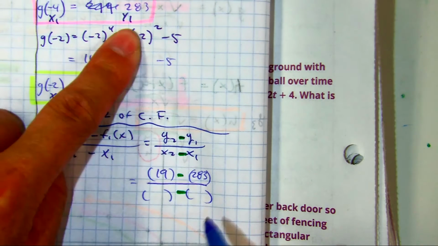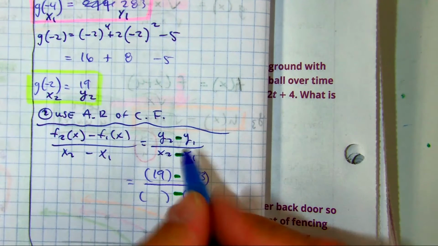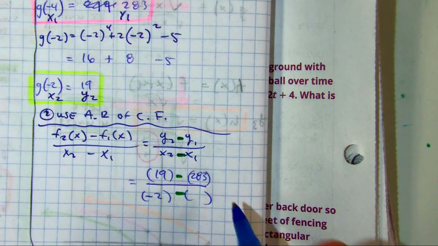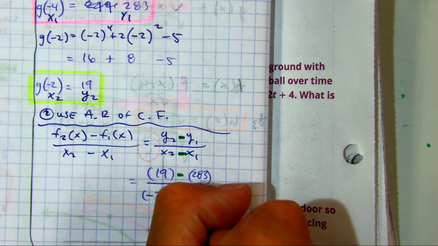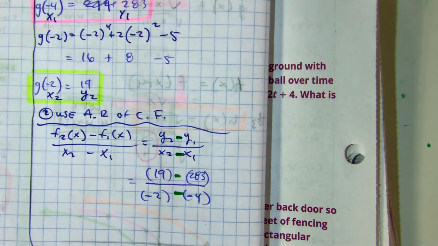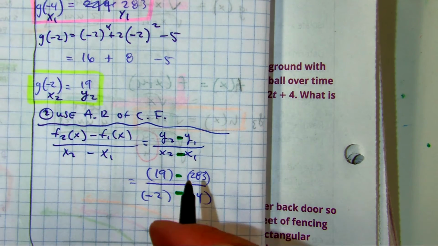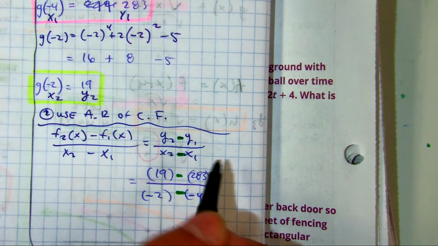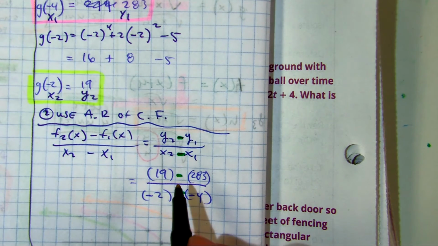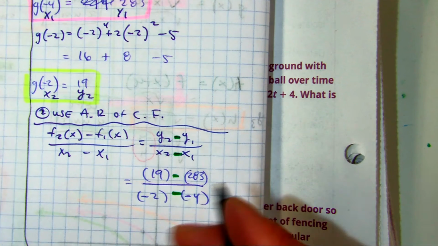And our x2 value? And our x1 value? Negative 4. Would it make a difference if I wrote 283 minus 19 and negative 4 minus negative 2? It should be the same, right? You do it your way and then we'll compare.